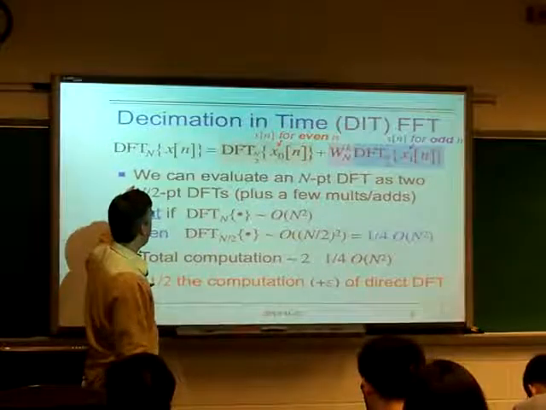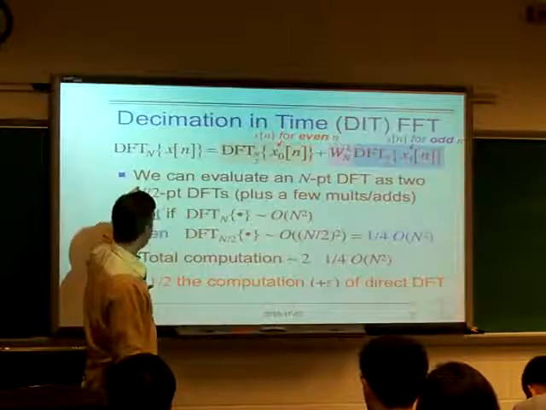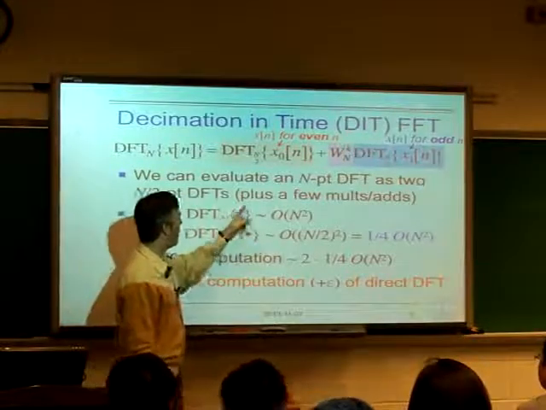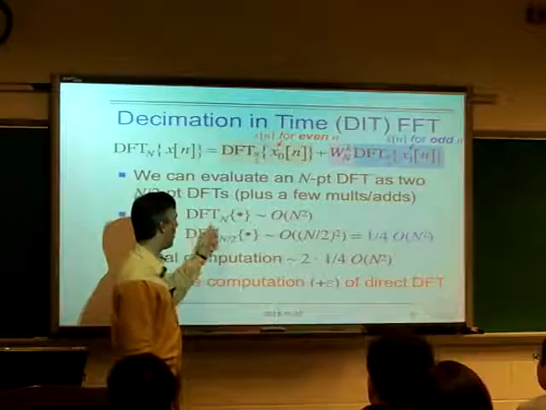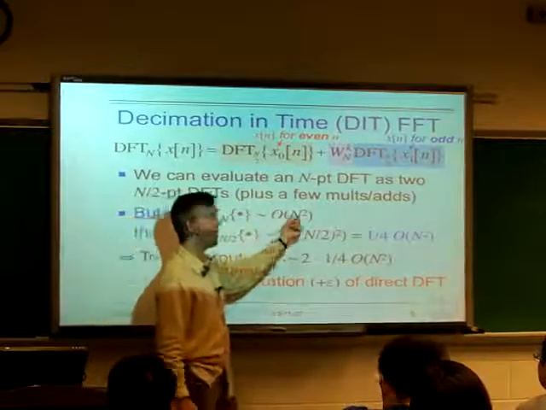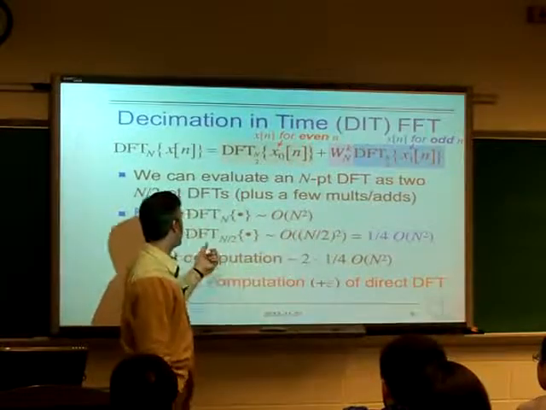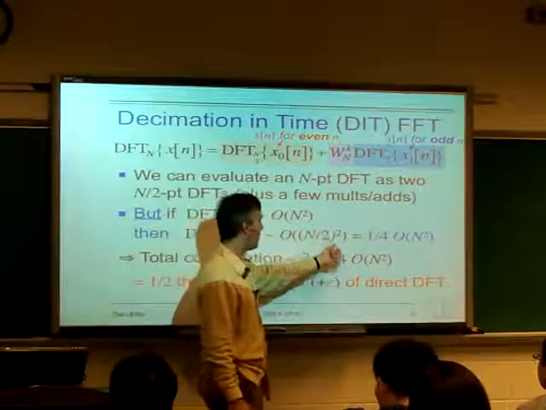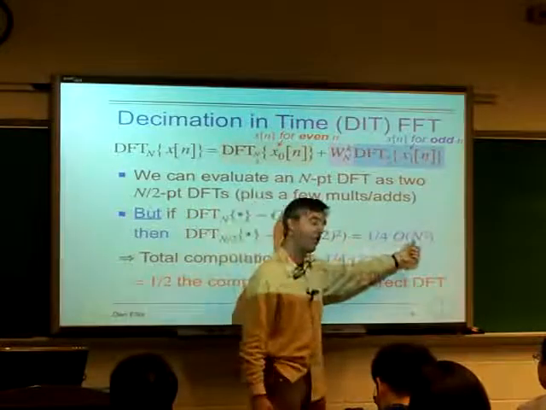So we calculated an n-point DFT with two n/2-point DFTs, but we said the computational complexity of calculating an n-point DFT is order of n squared. So the computational complexity of an n/2-point DFT is the order of (n/2) squared, which is a quarter of the order of n squared, right?